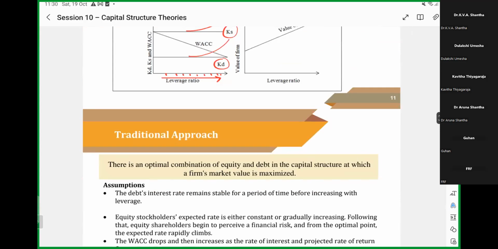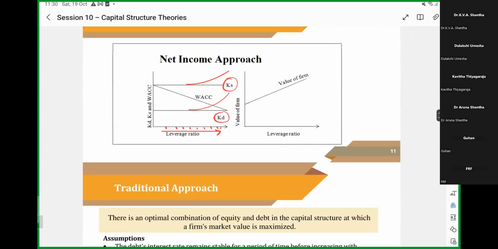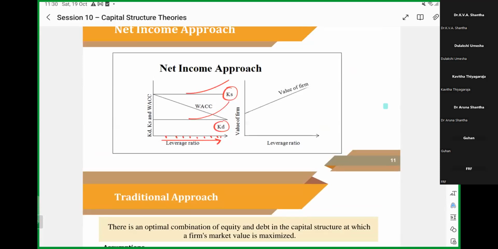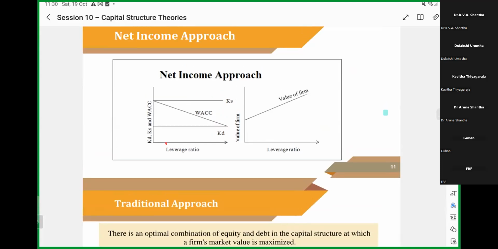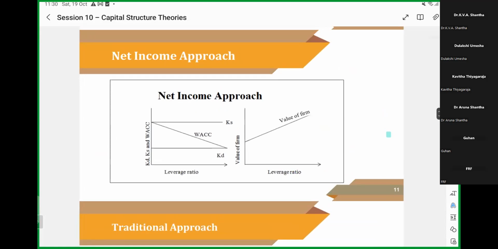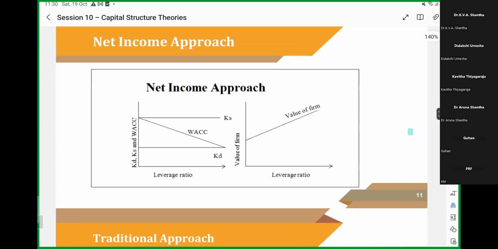You see the net income approach. When the leverage increases, leverage is the proportion of debt capital included in your capital structure. So when the leverage increases, the weighted average cost of capital decreases. That increases firm value.